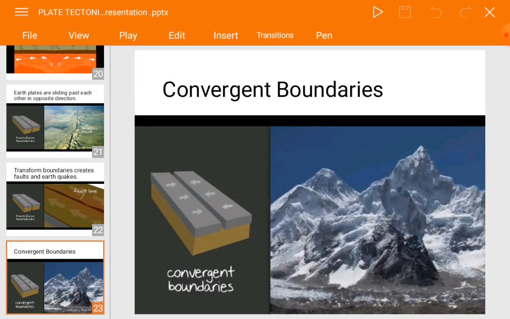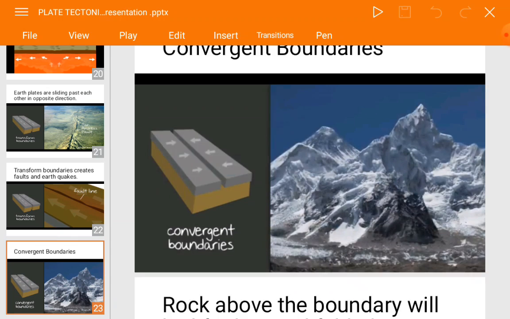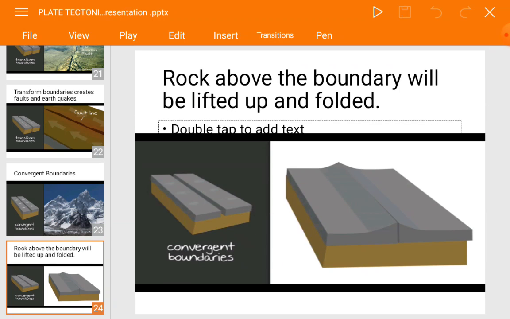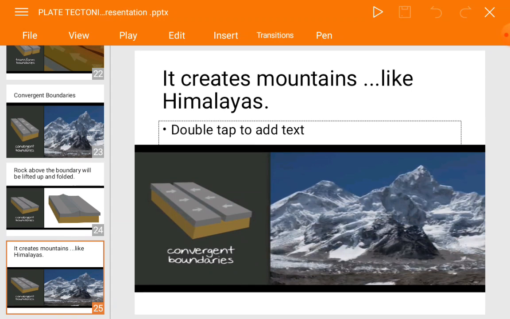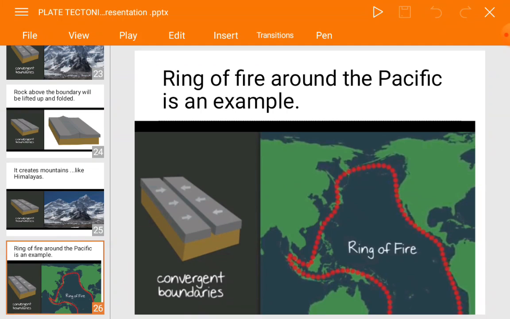Convergent boundaries: a convergent boundary is where two plates are coming together. The Himalayas are an example. Rock above the boundary will be lifted up and folded. It creates mountains like the Himalayas. The Ring of Fire around the Pacific is an example of a convergent plate boundary.